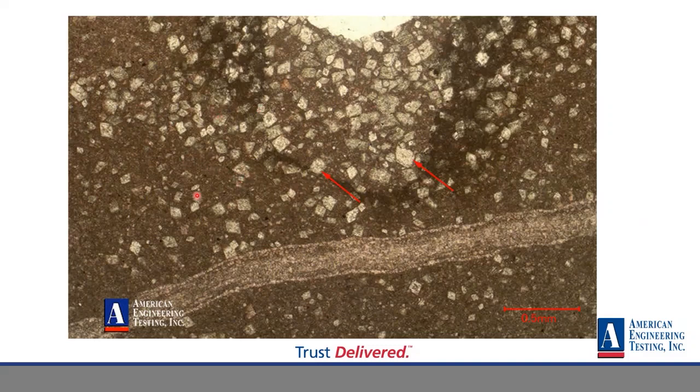This is one of the known textures that cause alkali-carbonate reactivity: euhedral dolomite minerals, the red arrows here, kind of quote unquote floating in a micritic mud matrix of limestone. So the typical reactive aggregates are argillaceous dolomitic limestones.